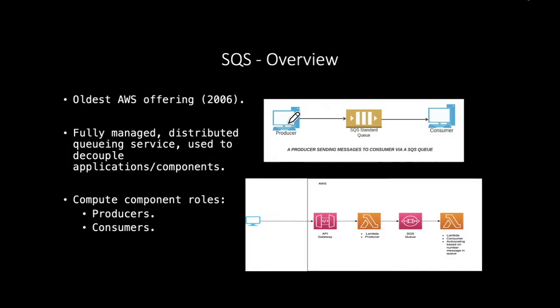So this application would send a message to the SQS service, which was being managed by AWS. And this application on the right would periodically check to see if there were any messages for it in this queue here. Later on, SQS was used when we had our applications running on EC2 instances.